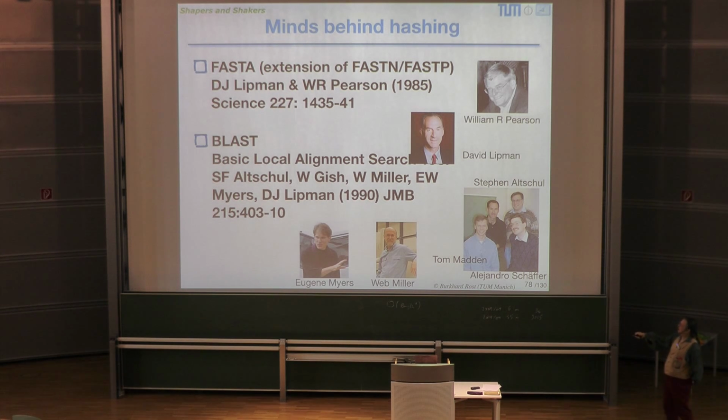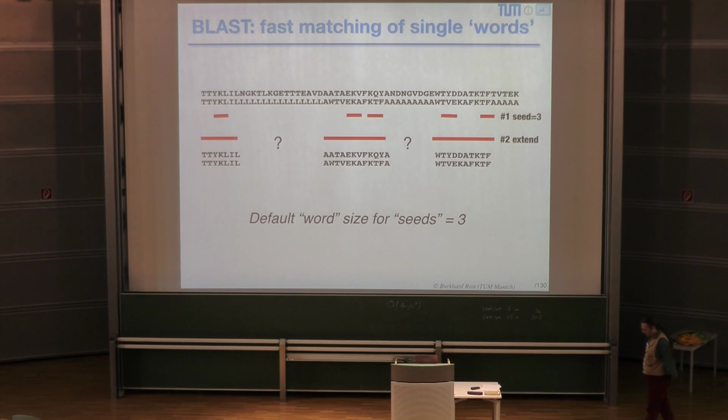And the second one is BLAST, Basic Local Alignment Search, initially by David Lipman, NCBI director, also Stephen Altschul, Webb Miller, Eugene Myers, grep. Some of you may know Unix or Linux grep, that is also from Eugene Myers. Tom Madden and Alejandro Schäffer. Again, this is 5 years before that. They differ in fact in the statistics. I'll get back to that in a minute.